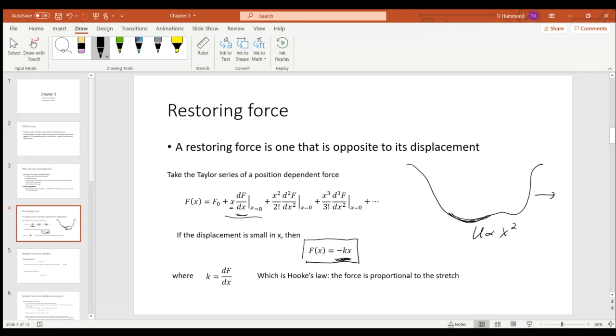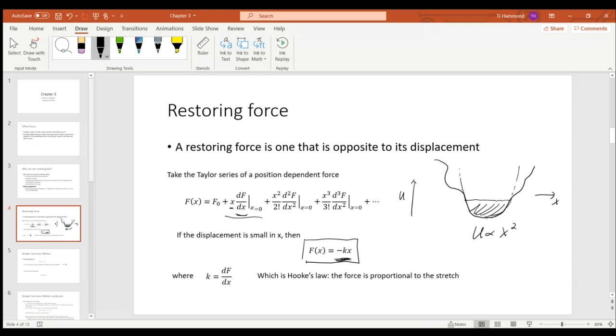I should say this is the x direction, and this is our potential U. Maybe I can draw that a little bit better. If we have some potential that does something crazy and then has some minimum, this region here will look somewhat parabolic. So if we're zooming in on this region, the potential is proportional to x squared.